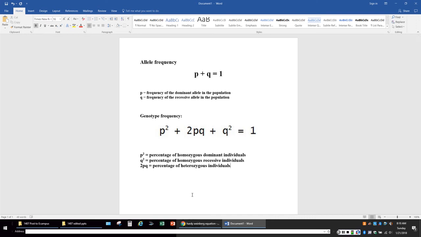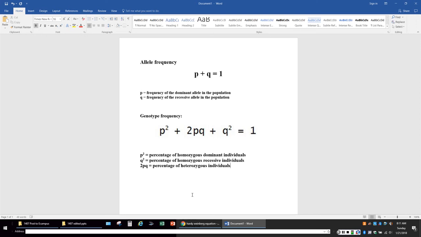Right, so that makes sense, hopefully, right? If p equals the dominant allele, and let's call it big B, let's say this is our dominant allele, and it's brown fur, well, then p squared is our individuals with the genotype big B, big B. Likewise, if q is little b, our white fur, our recessive allele, then q squared is our individuals who are little b, homozygous recessive.